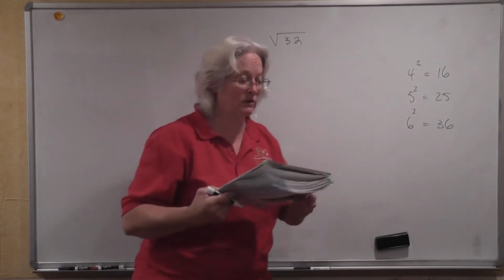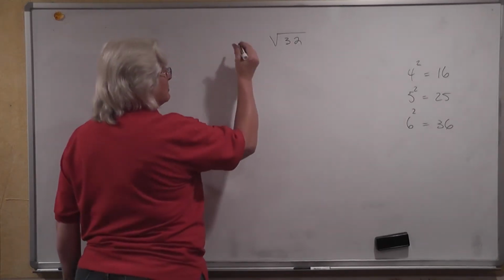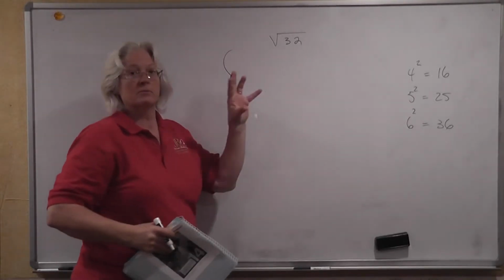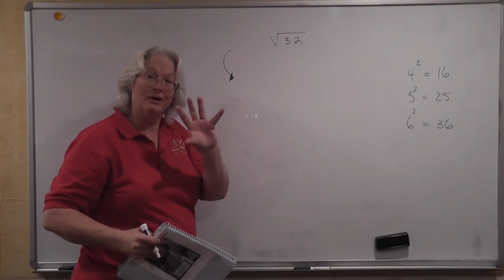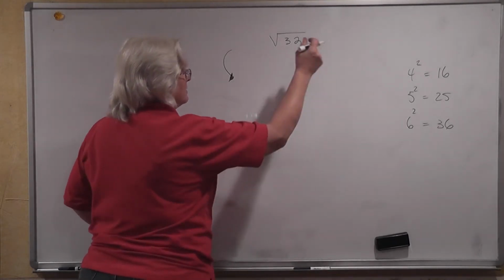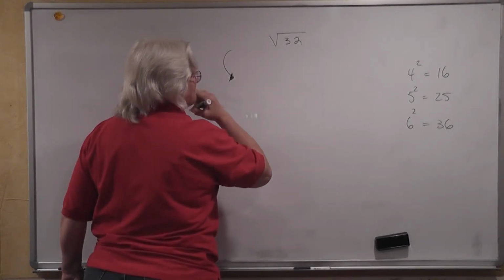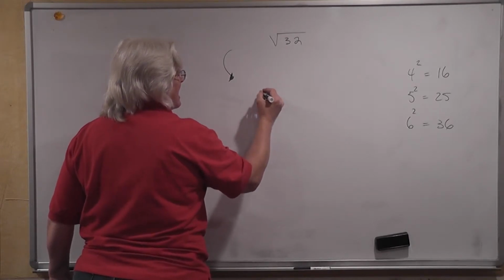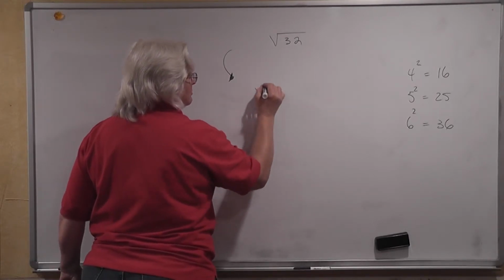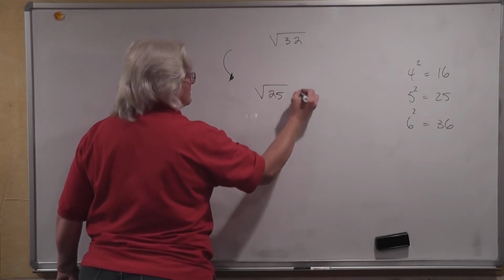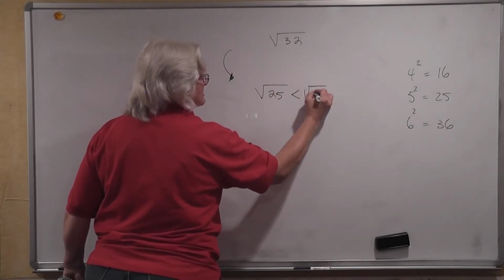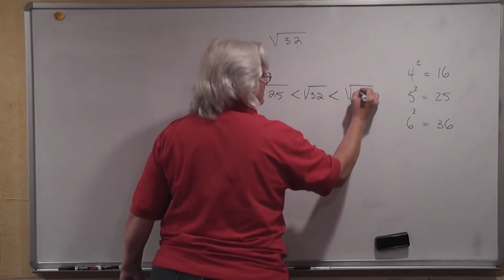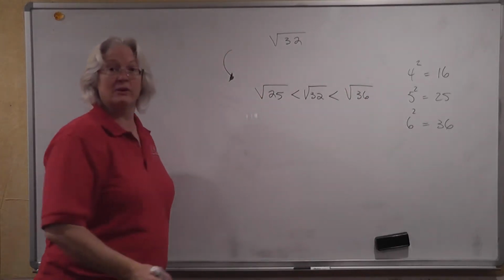So this is how you're going to write your answer. And I'm going to put in an extra step that they don't show, because I think it might help you understand a little better what's going on. If we put the square root of 25 is less than the square root of 32 is less than the square root of 36.